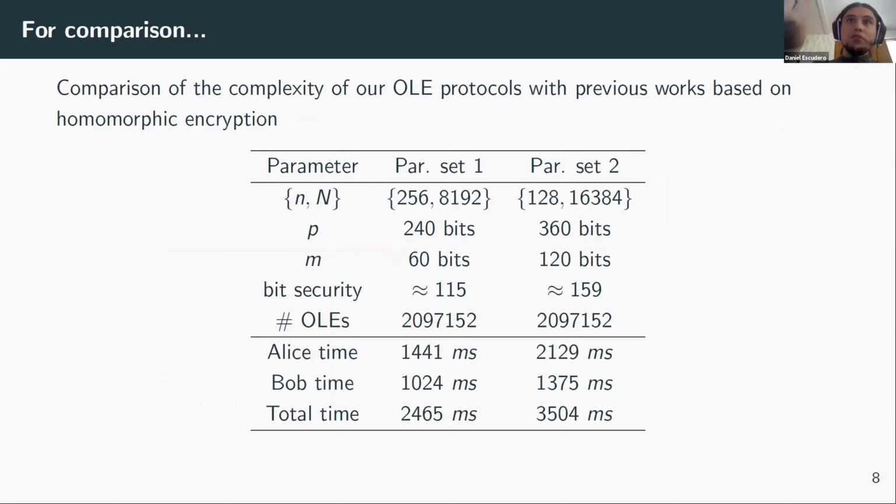In this case, we see that just the time it takes Alice to process the first message locally is approximately 14,000 milliseconds. And then she has to send this, and then Bob has to process. It takes 1 second for Bob, and then it has to return back. Not even counting communication, we're already way above the 2 seconds. We're talking about 2.5 seconds. So we have a more detailed comparison in our paper, but it gives an idea that this is indeed an improvement with respect to other protocols.